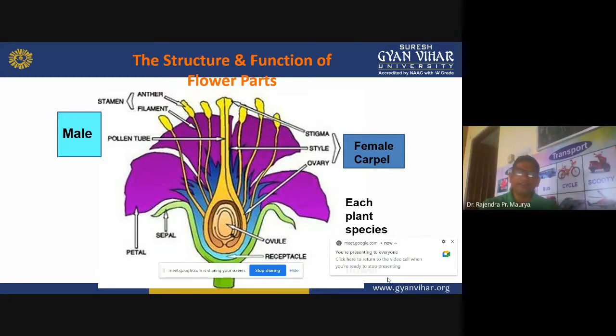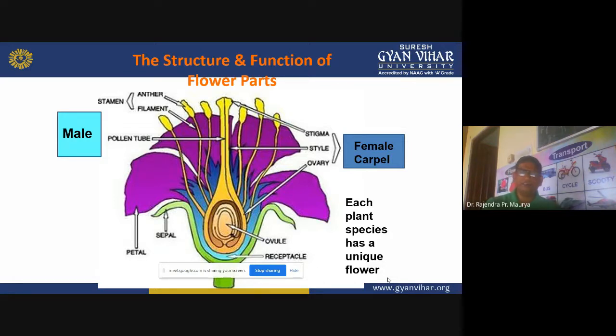So maybe you have heard the terms unisexual and bisexual. If in any flower, male and female parts are both available on the same flower, that is a bisexual flower.